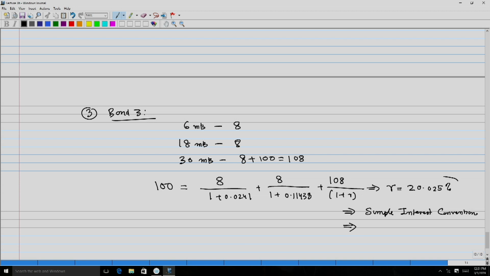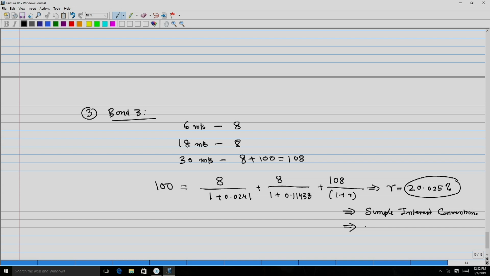Now, this 20.025%, what does this interest rate signify? This is the interest rate that is applicable for a period of 2.5 years or 30 months, that means 5/2 years. So, when you have to convert this to an interest rate applicable for a period of 1 year, we multiply this by a factor of 2/5.